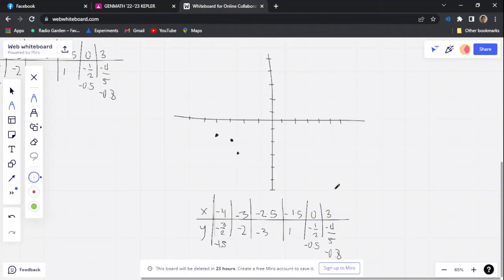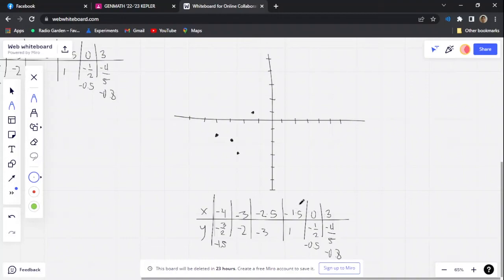Next is negative 1.5. So we have 1. So negative 1.5, which is found here, and then we have y of 1. So our point would be here. Next is 0. So our y value for 0 is negative 1 half.